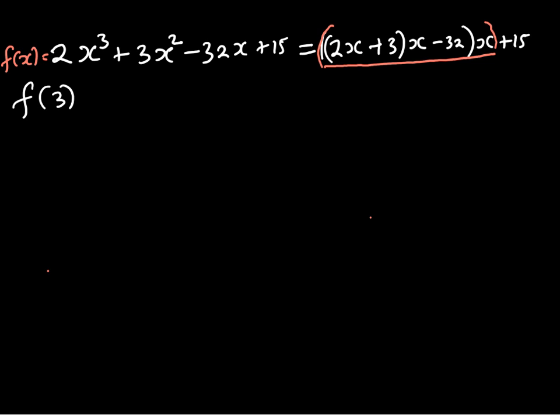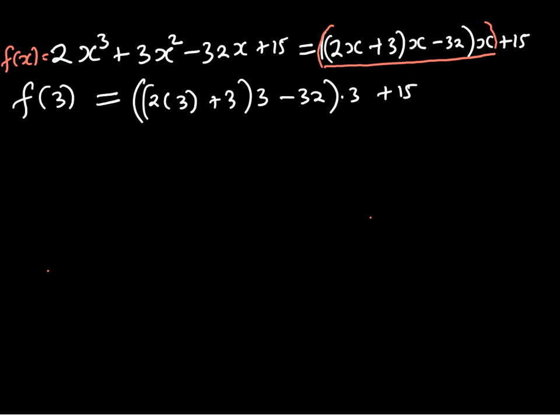F of 3 will be equal to 2 times 3 plus 3, then what we get multiplied by 3, subtract 32, what you get you further multiply by 3, then add 15. What do we get here? Okay, 2 times 3 is 6, 6 plus 3 is 9, 9 times 3 is 27 minus 32.